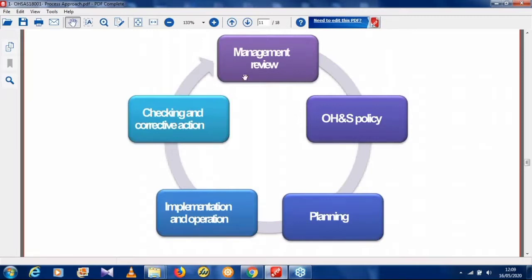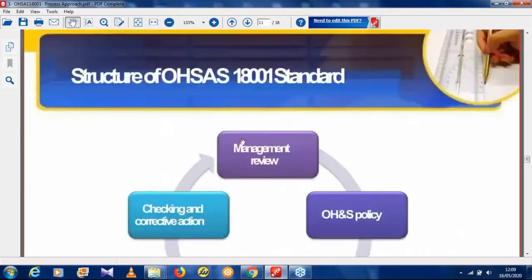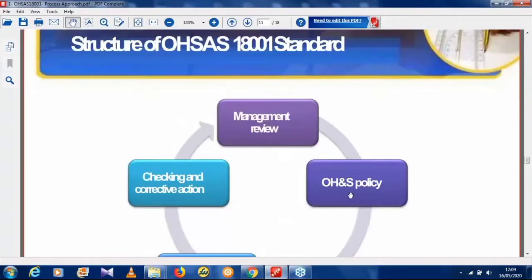All right. So quickly, the structure of OHSAS 18001 is such that we take lead from the management review, and then to policy, and then to the occupational health and safety policy. I don't know how many of you have taken or are taking NEBOSH.